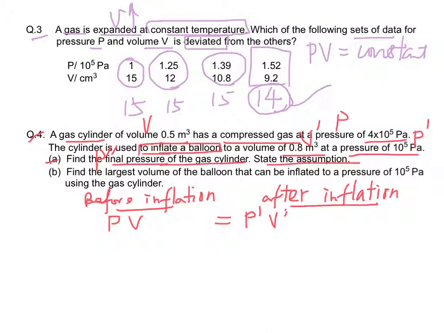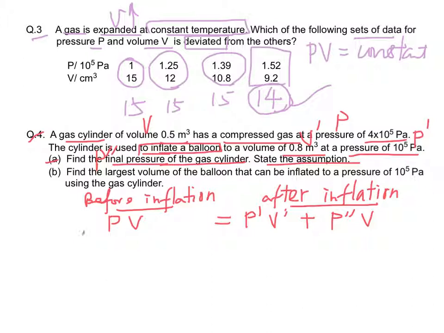Also, we got the pressure inside the compressed gas P double prime and the volume of the gas cylinder V. The sum of these two equal to original PV.